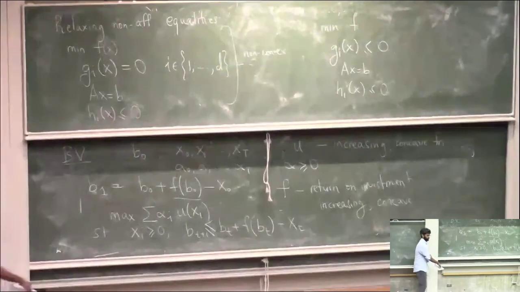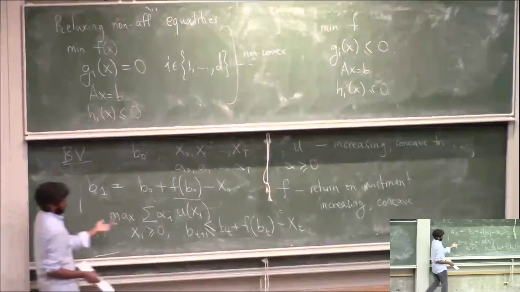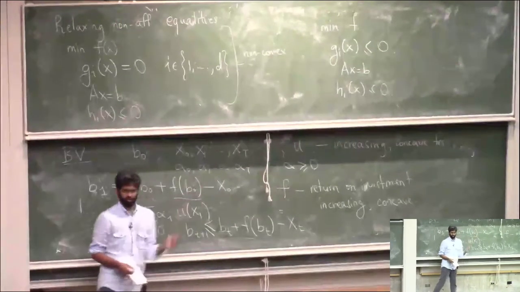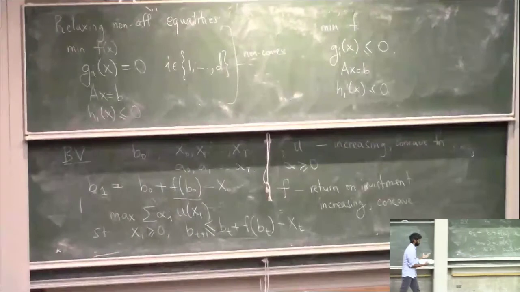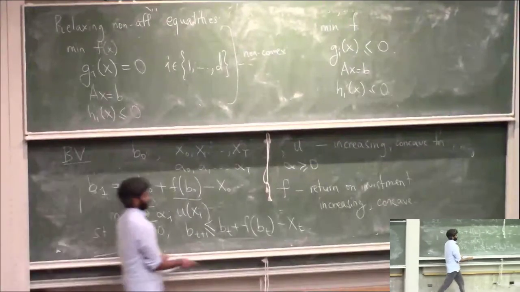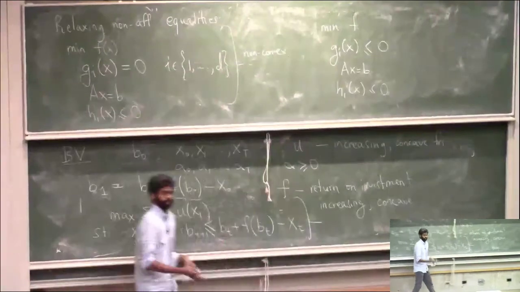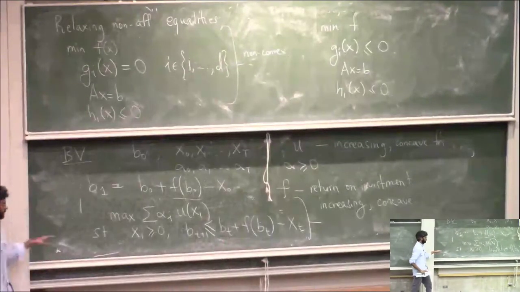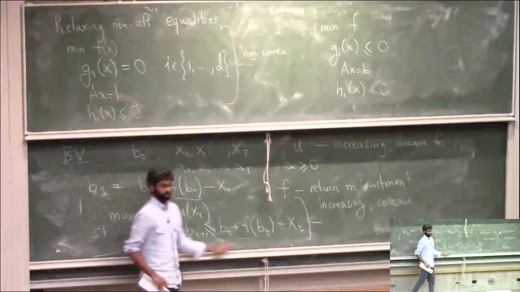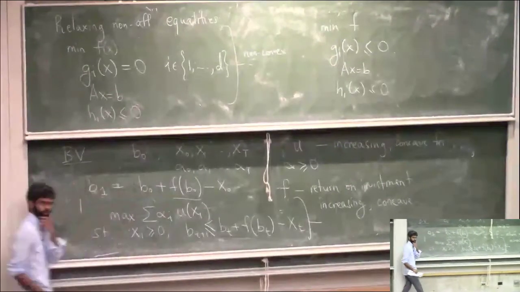The utilities and the investment returns are all concave and increasing, so more is better. So you can solve this relaxation, and the optimal solution will satisfy all these constraints with equality. You will never throw away any money.